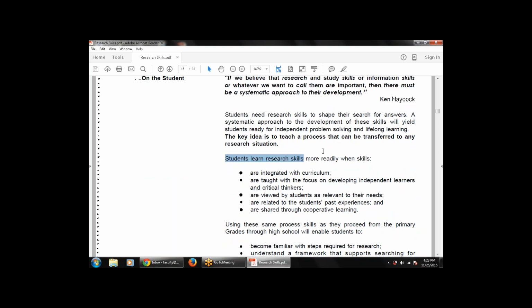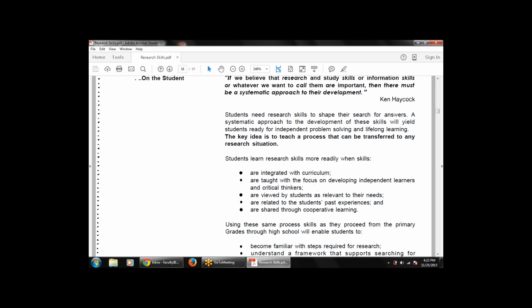Now, students learn research skills more readily when skills are integrated with the curriculum. If I taught you one subject that includes a research part, you have to do it. It's a compulsion.